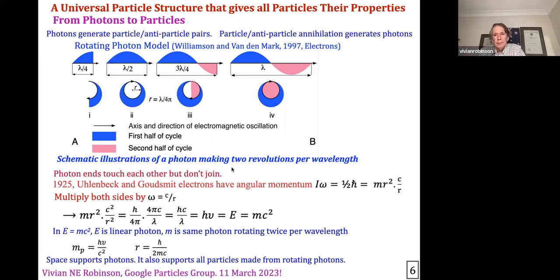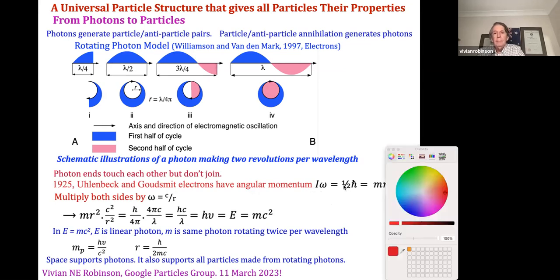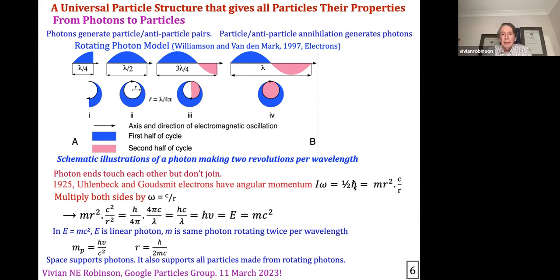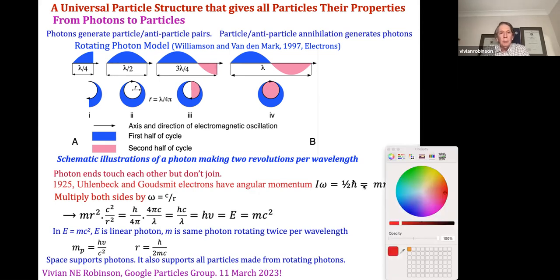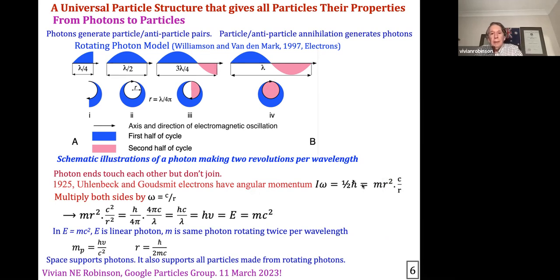Now, to show the usefulness of this model, we'll use the fact that in 1925, Uhlenbeck and Goudsmit discovered that electrons have an angular momentum of I omega equals half h-bar. Now, in a hoop situation, I is mass times r squared, and omega is c over r, because the photon is always traveling at c.